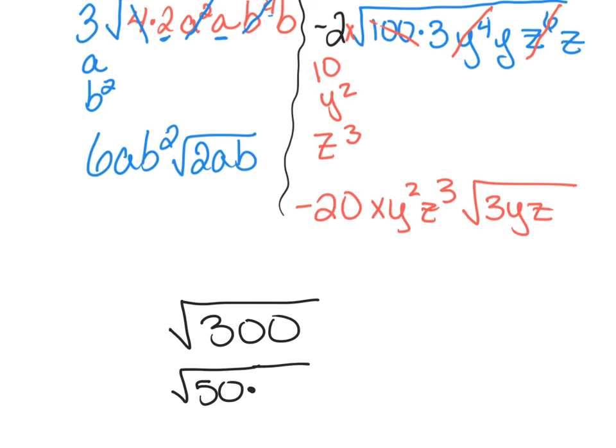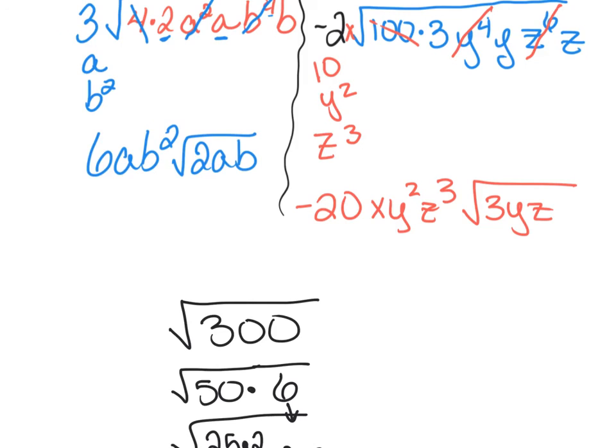Okay? 50 times what gives you 300? 6. You can't square root either of those numbers, so we would break down the 50 to 25 times 2, and I would break down the 6 to 2 times 3.